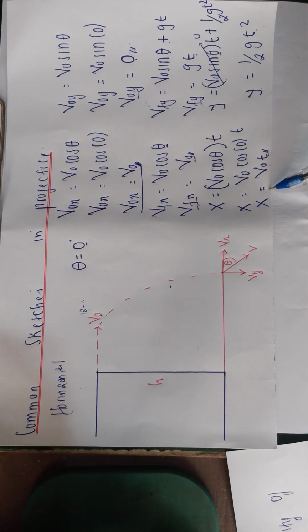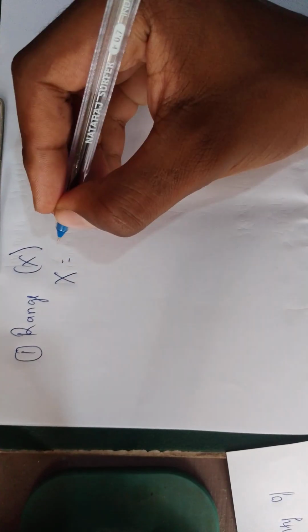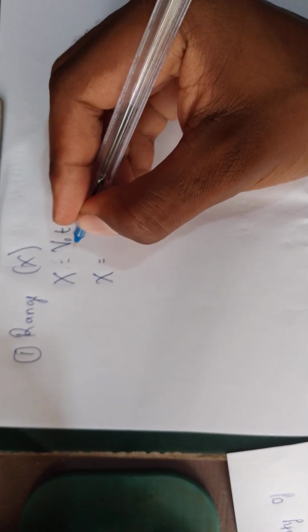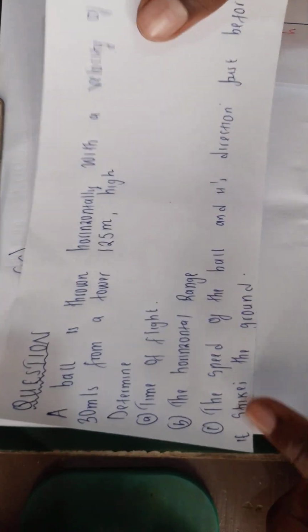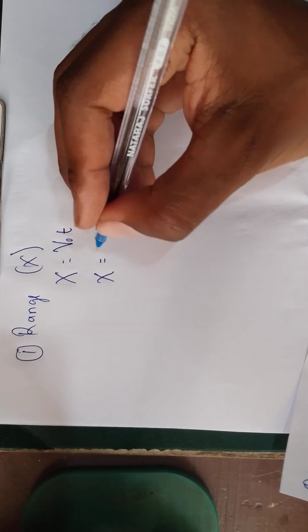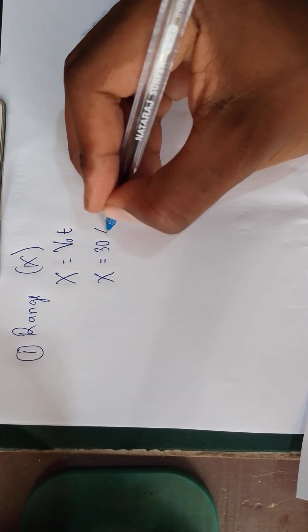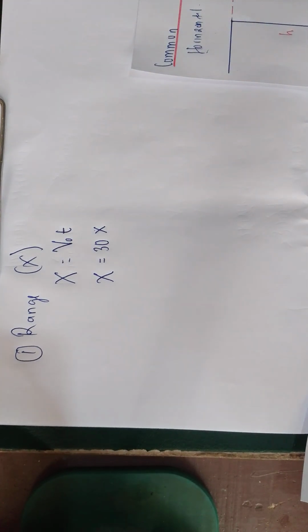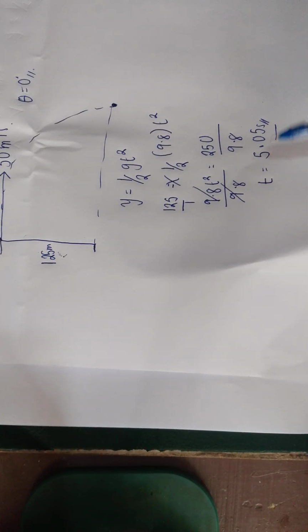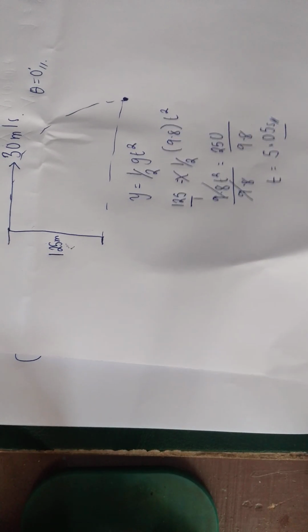The formula is here. Okay, so you say, oh, the horizontal range is going to be given by the initial velocity times the time. So meaning the horizontal range is going to be, what was the initial velocity? The initial velocity of this ball was 30 meters per second. So you say this is 30 multiplied by, what is the time of flight? The time of flight is what we determined here to be 5.05.